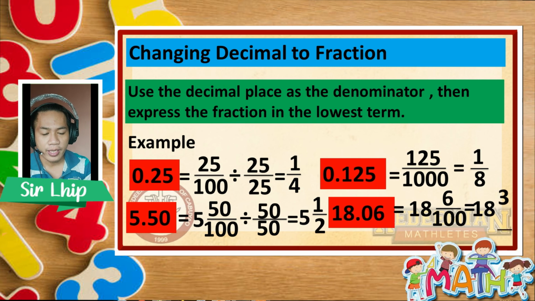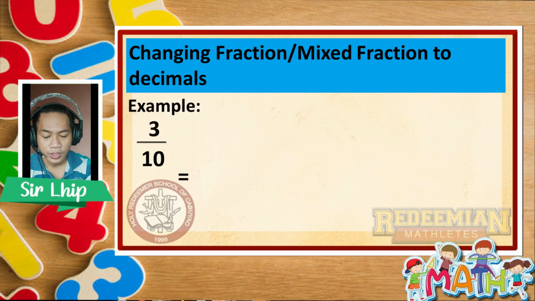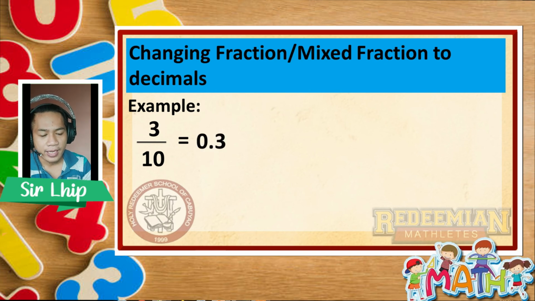Changing fraction or mixed fraction to decimals. 3 over 10. To change to decimal form, count the number of zeros, then move from right to left. So 3 over 10, we have 1 zero. So move 1 going from right to left. So the answer is 0.3. 5 over 100.